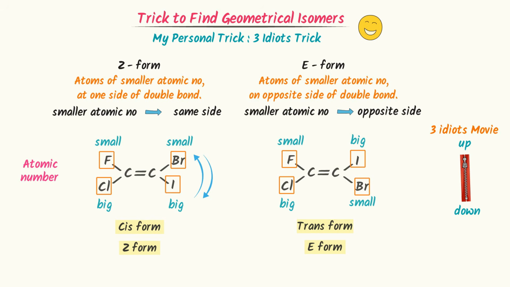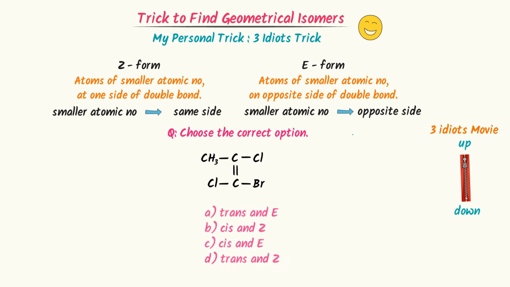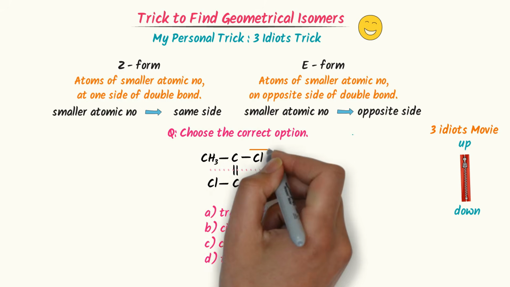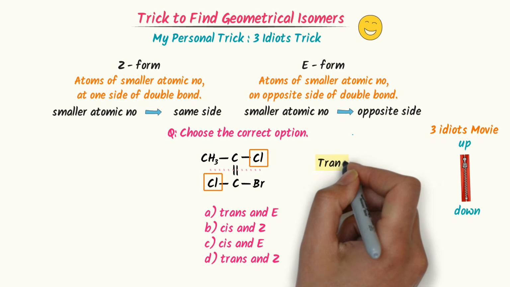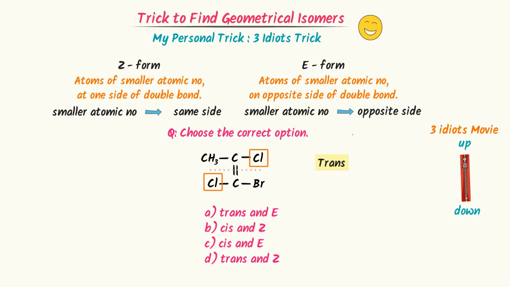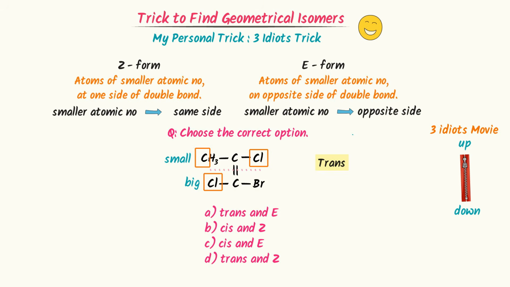Now consider this important MCQ and choose the correct option. Well, we can see that this chlorine and this chlorine are present on opposite sides of the double bond. Hence, it is a trans form. Secondly, the atomic number of carbon is 6 and that of chlorine is 17. So, carbon has a smaller atomic number than chlorine.